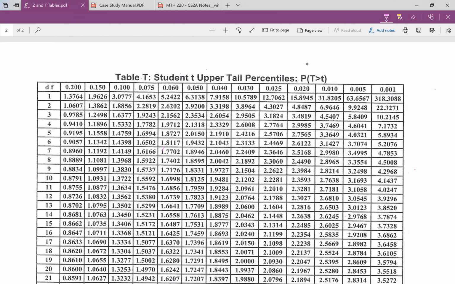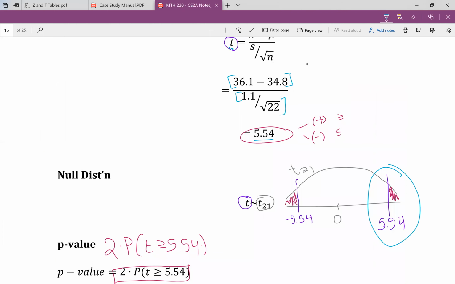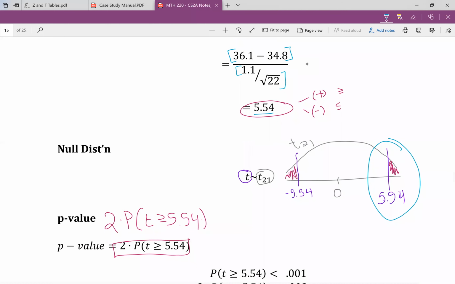So 21 going across, going across. We don't find 5.54. It falls off the chart, so we know that our probability has to be less than 0.001. So we come back here and we say, the single tail probability is less than 0.001.